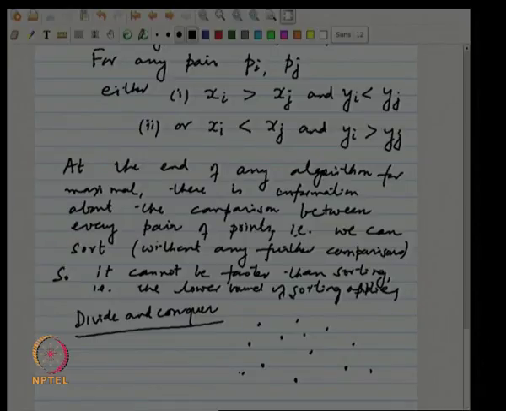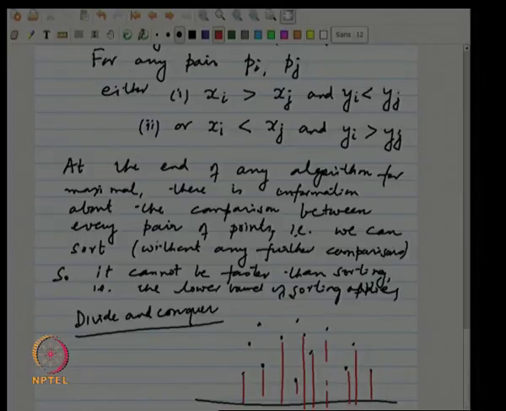Let us go with this: we project the points on the x axis. I am not drawing everything, but some of them, and then after the projection, we can find the median point, and that will partition the points into two parts. That is a clean way of partitioning, where one part is completely on one side and the other part is on the other side.